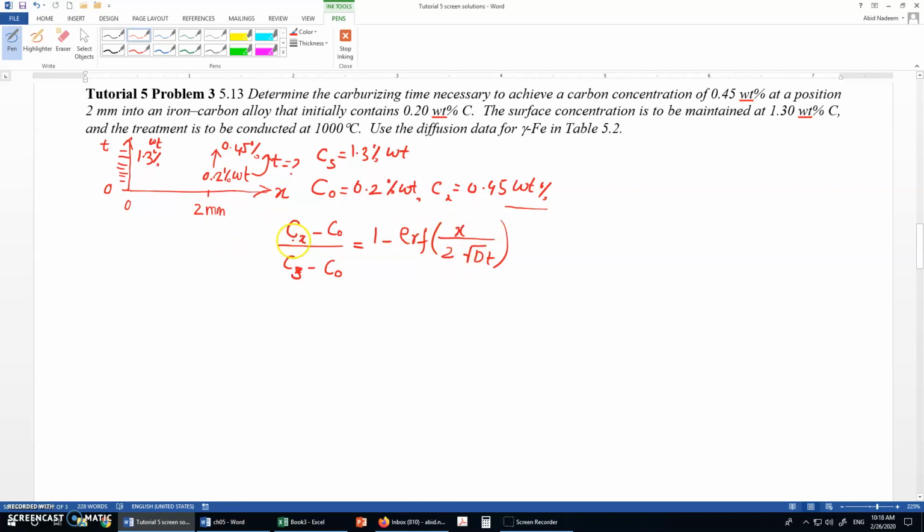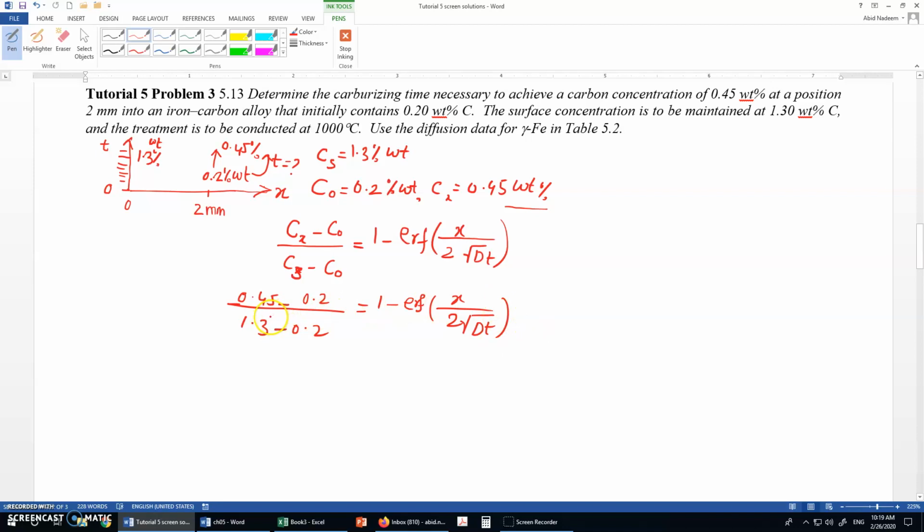So now we can put the values into this equation. Cx is 0.45 minus C naught 0.2, divided by Cs 1.3 minus 0.2, is equal to 1 minus erf of x over 2 root Dt.